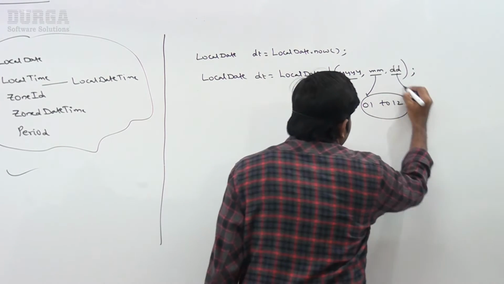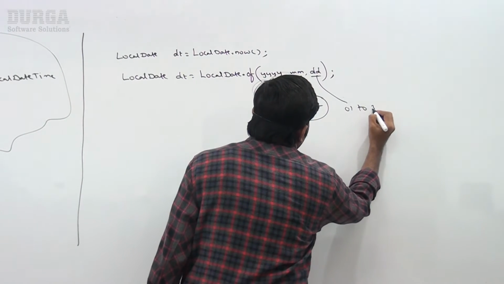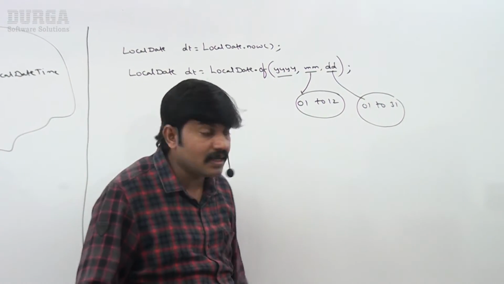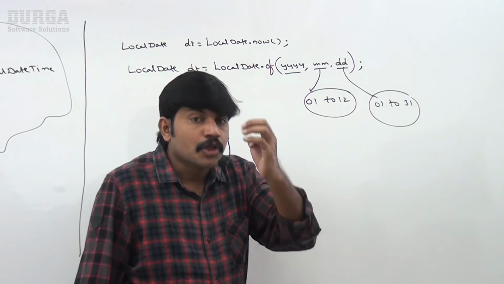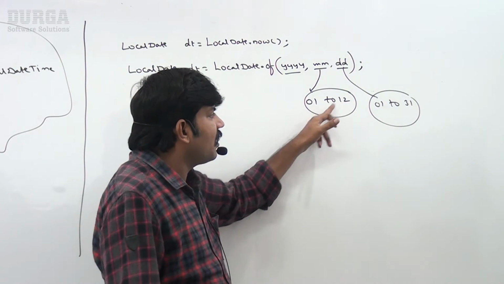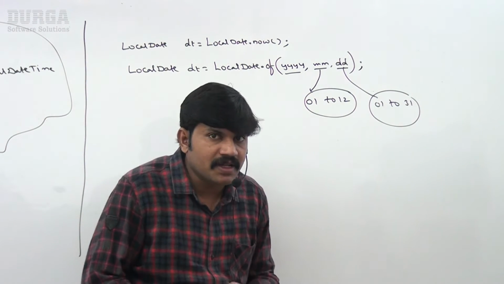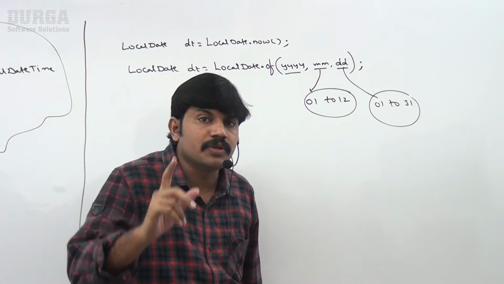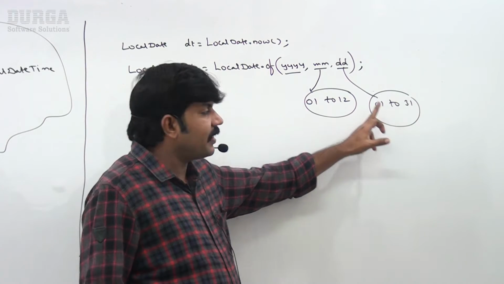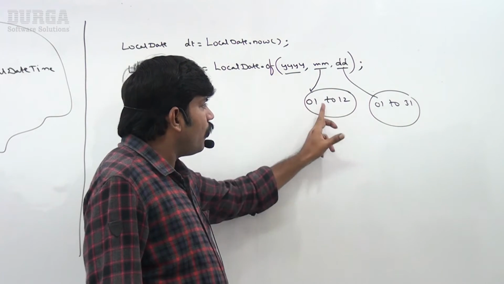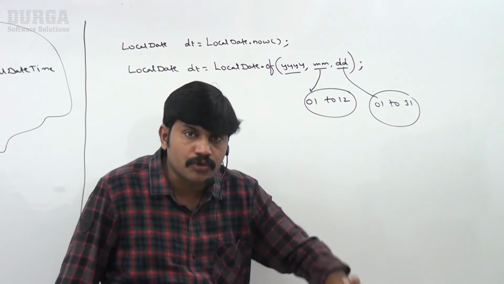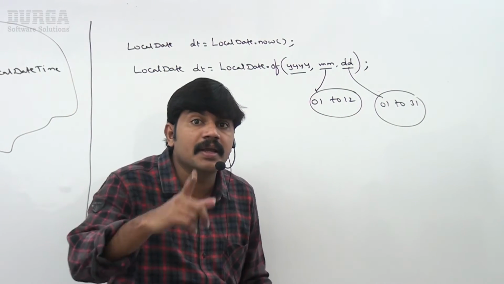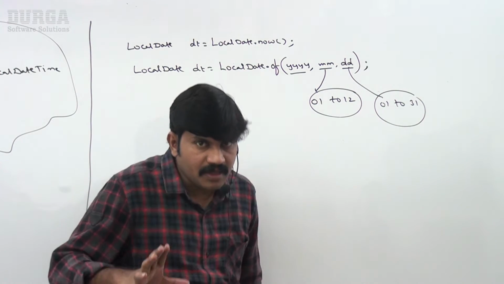Next dd is 01 to 31; February has 28, sometimes 29, and 30, 31. If you provide values not in this range, immediately we will get an error. Remember, this is one important conclusion you should be aware of for certification. Compulsorily only the allowed range of values we have to use. By mistake, if you take a value outside of this range, immediately we will get an error.